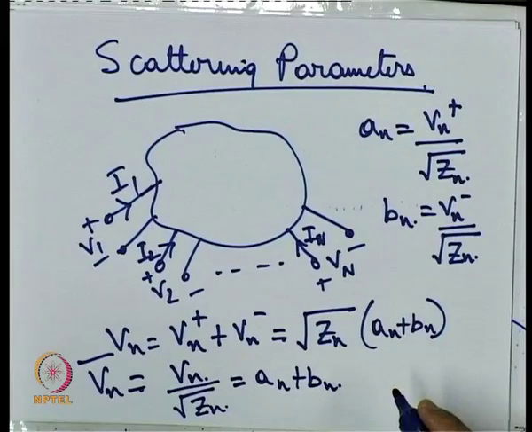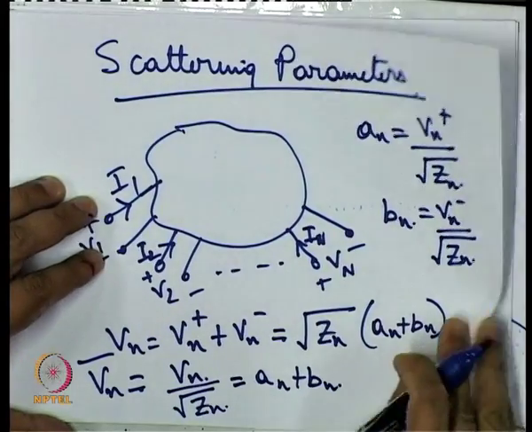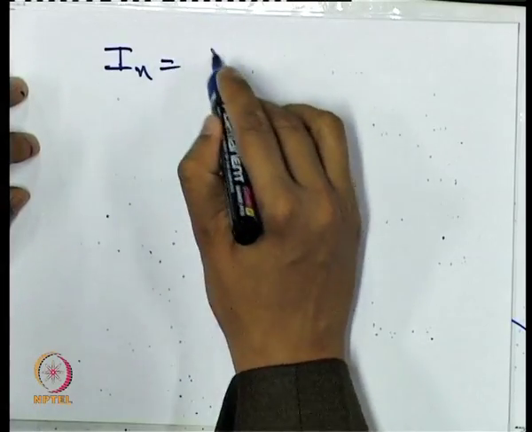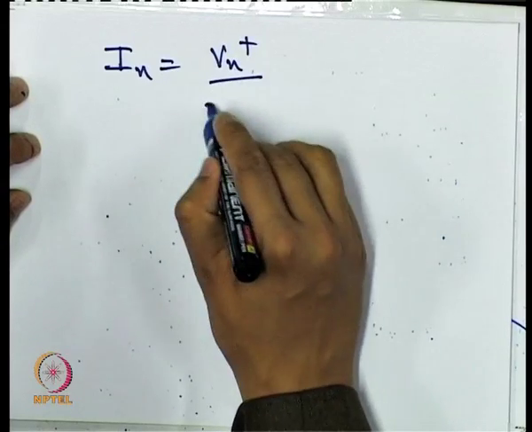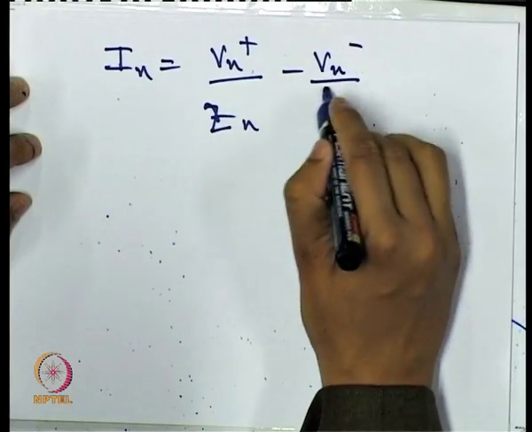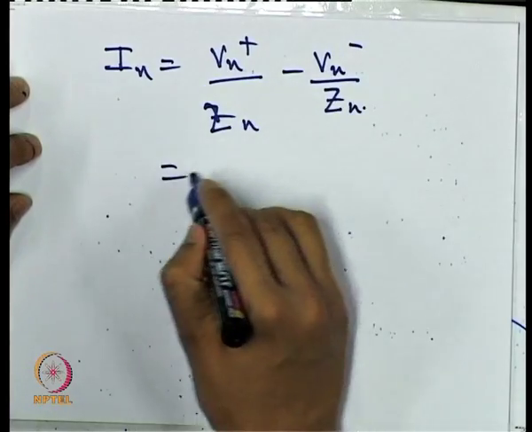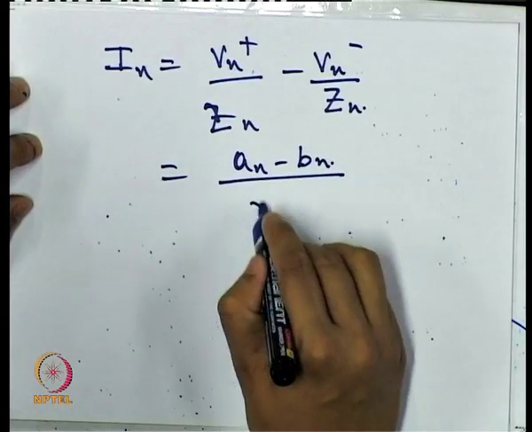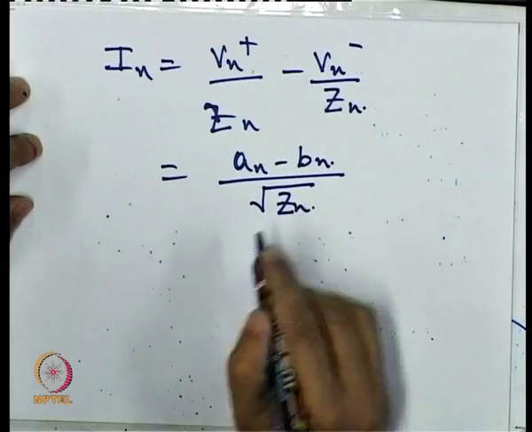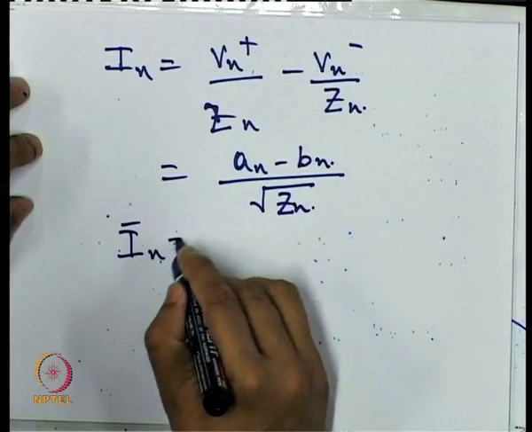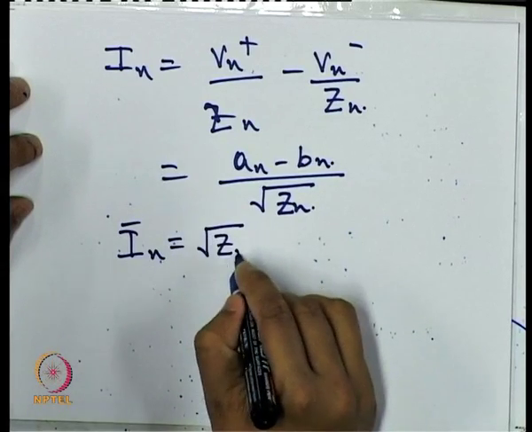So then with this in mind, we can also jot down the formulae for the current. The current, as we know, is given by this, and then the normalized current is given as this.